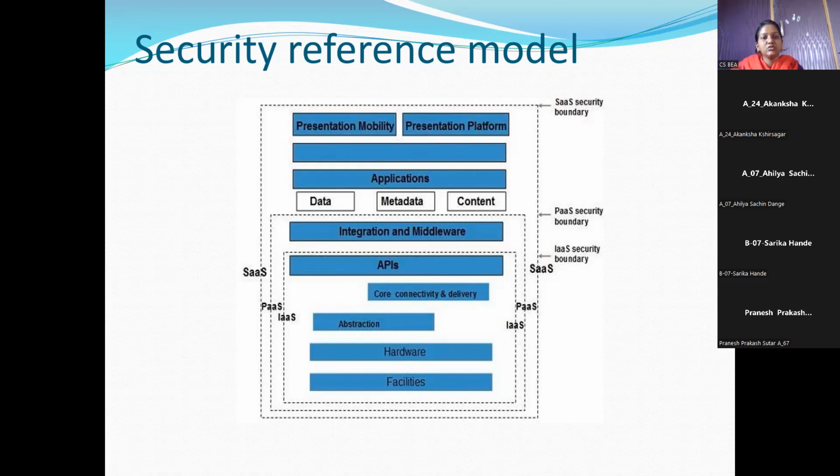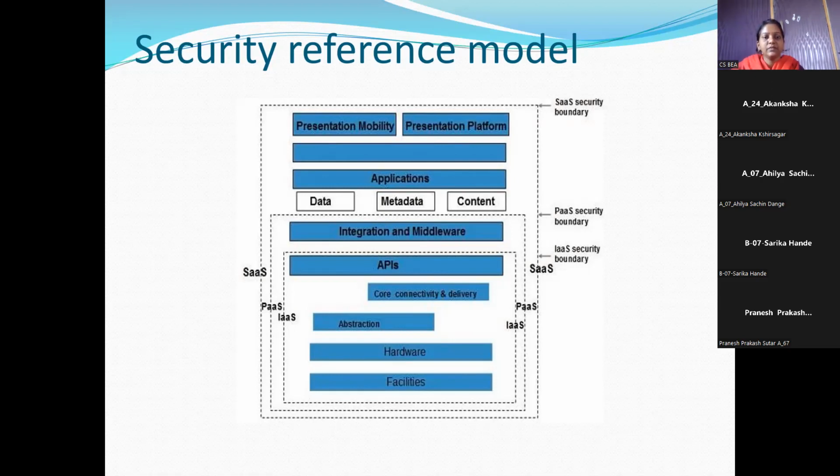So this particular diagram shows the CSA stack model. The key points of this CSA model are that IaaS is the most basic level of the service, with PaaS and SaaS next, at the above levels of services.